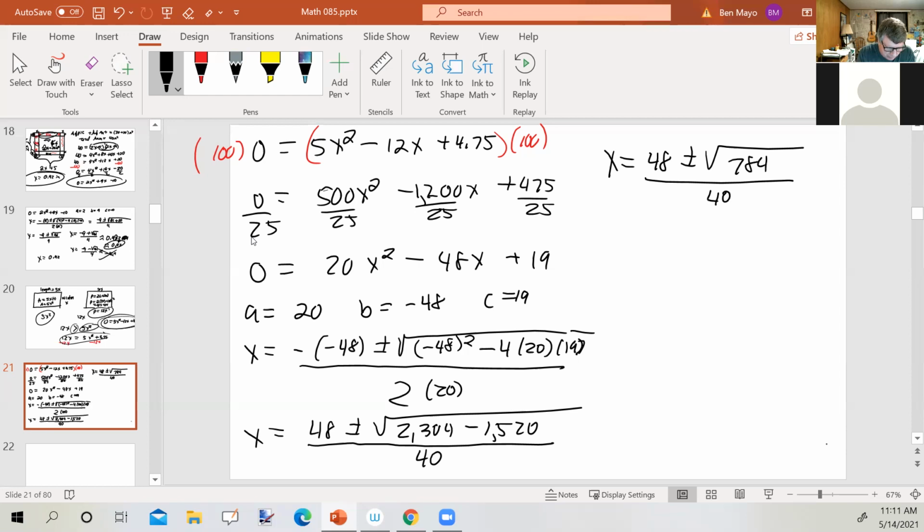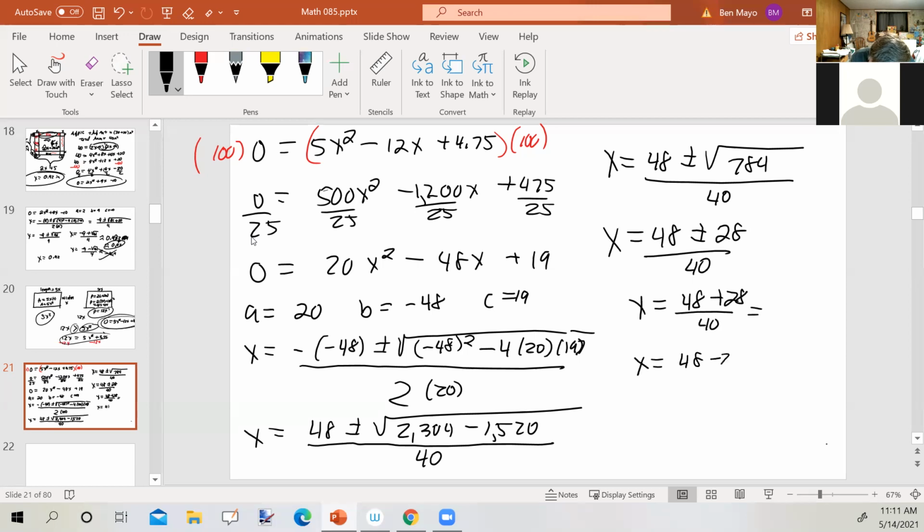Let's see, what's the square root of 784? It's 28. That's why it didn't say anything about rounding. Okay, so the square root of 784 is 28. So x equals 48 plus 28 over 40, or 48 minus 28 over 40.